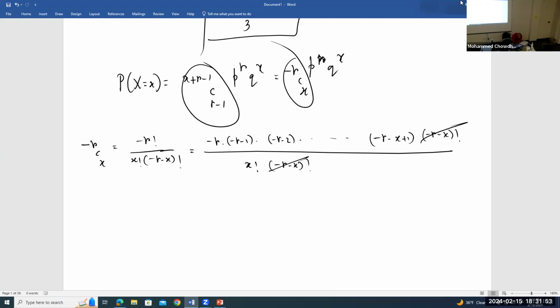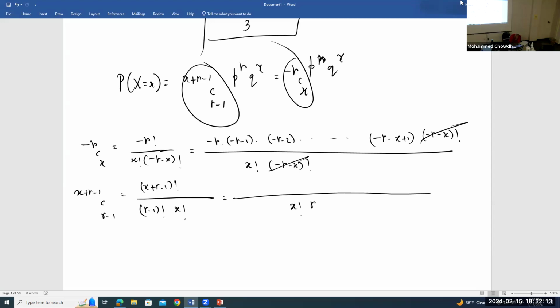Now let me show you x plus r minus 1 C r minus 1. That can be written as x plus r minus 1 factorial over r minus 1 factorial and factorial x. Okay. So I want to keep factorial x and r minus 1 here.